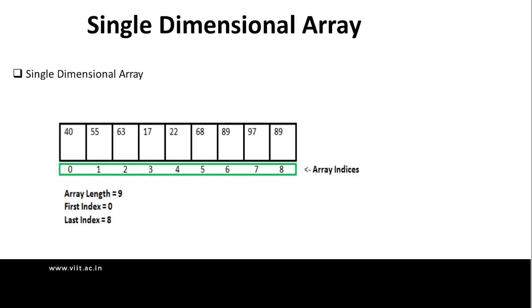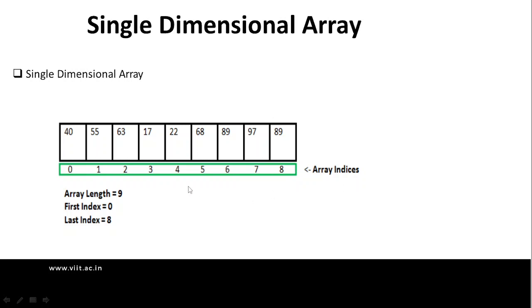In a single dimensional array, for example, 0 to 8 indicate the indices of the array, and the values are any integer value if it is an array of integers, such as 40, 55, any kind of value we can store at the fixed locations 0 to 8.